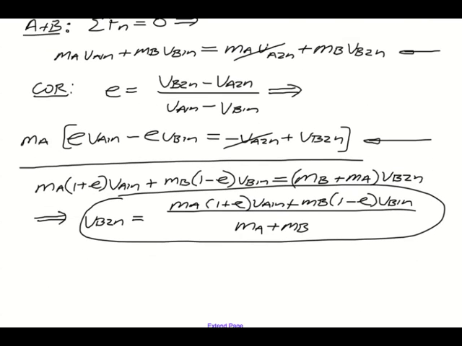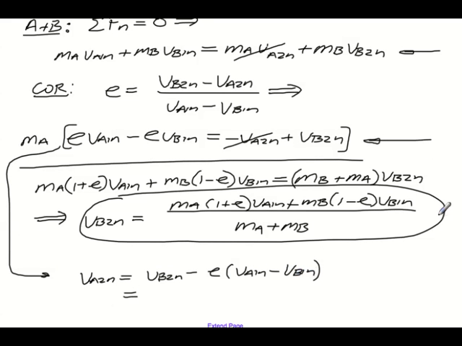And then we can take the second equation right here, and we can solve for VA2N, which is equal to VB2N minus E times (VA1N minus VB1N).